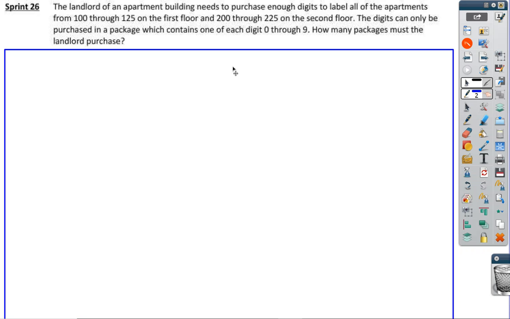But then I also realize it can't be 2, because in this second floor, we only go to 25. So half of the 20s we don't have to worry about, where we have to worry about all of the teens, which will require an extra 1. So we want to know how many 1s we're going to have in this whole thing.